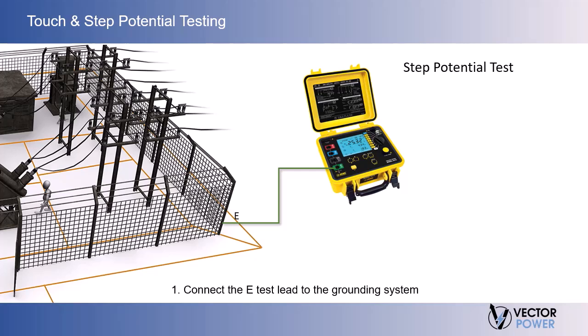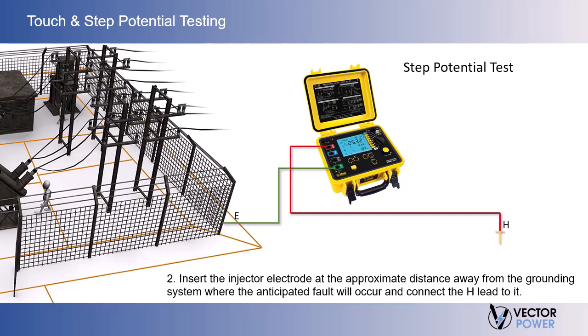To perform the step potential test, first connect the E test lead to the grounding system. Next, insert the injector electrode at the appropriate distance away from the grounding system where the anticipated fault will occur and connect the H lead to it.